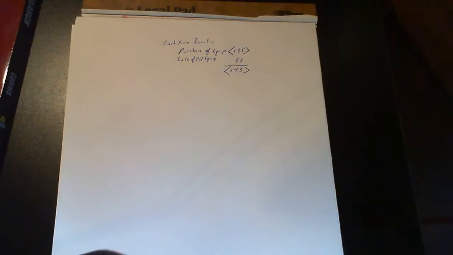So actually what happens in the operating section of the cash flow statement is we're going to show net income, right? And you'll see on this that our net income for the year was 143, just happens to be the same number as what we just calculated there, only a positive instead of a negative there.